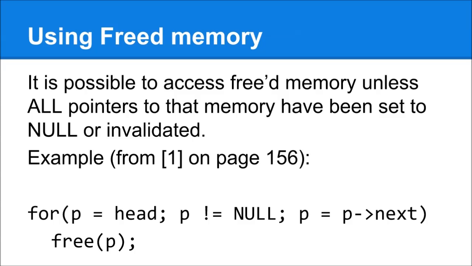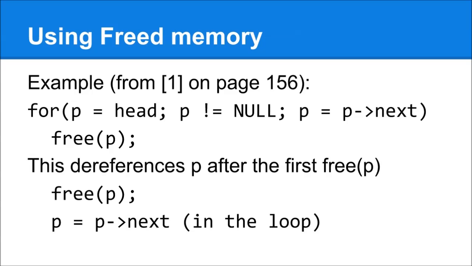So this is an example of dereferencing a pointer after it's been freed. What this is going to do is this loop sets P to the head of a linked list. As long as the pointer is not null, it keeps going along the list and freeing each value.